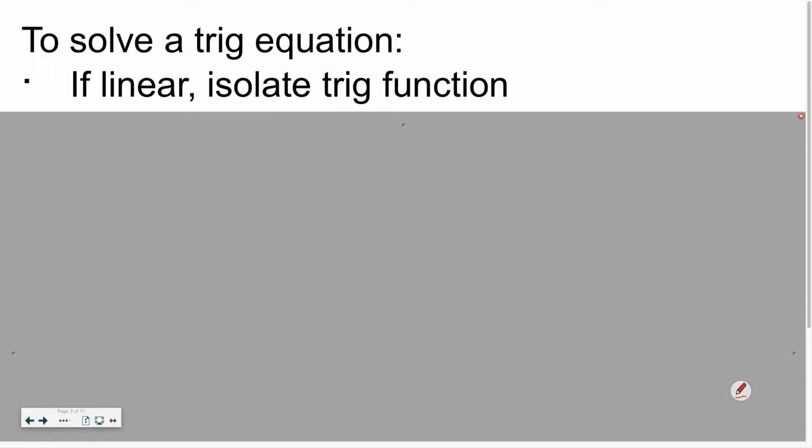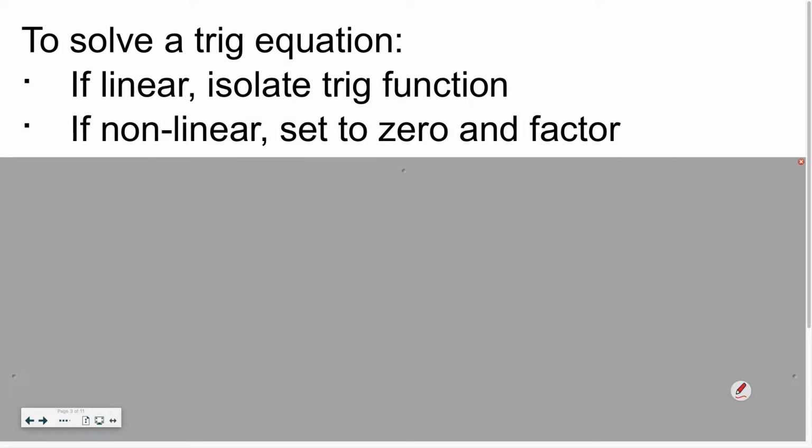If you don't have a linear function, then you may want to try to factor it. But remember, we can only factor if our equations are set equal to 0.